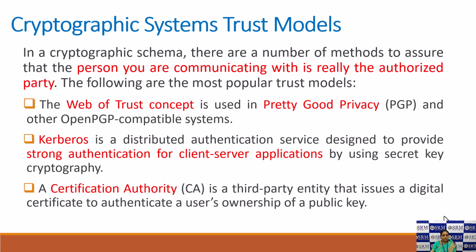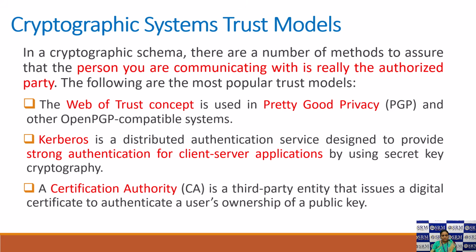These are very famous, very authenticated, widely used methods for ensuring that the person we are communicating with is really the authorized party. The first one is the web of trust concept, which is used in Pretty Good Privacy, PGP. PGP is a very famous protocol, and in other OpenPGP compatible systems also this web of trust concept is used.